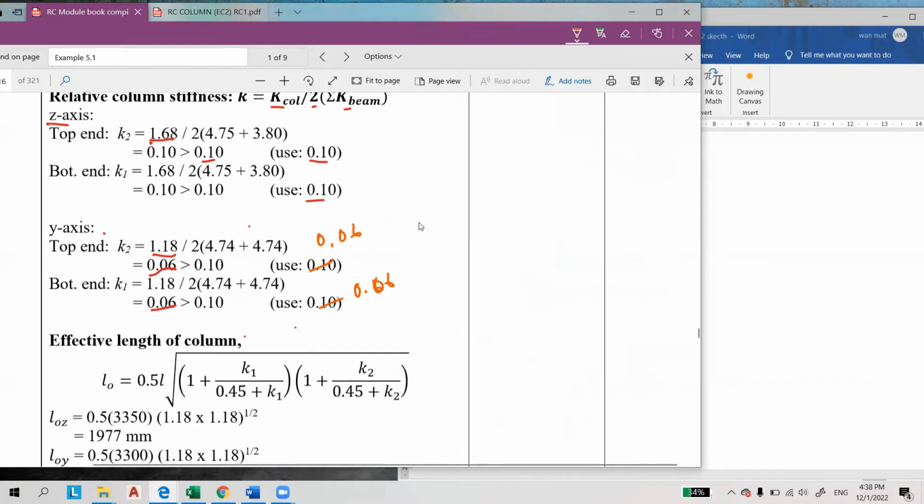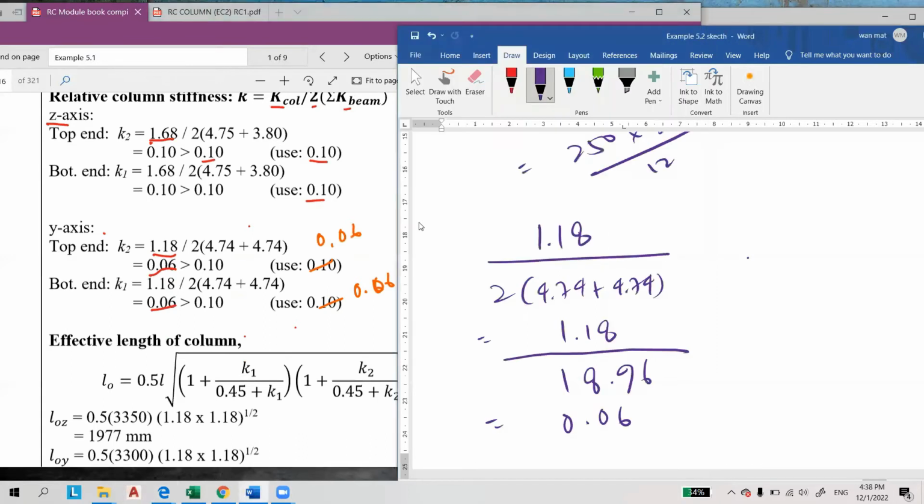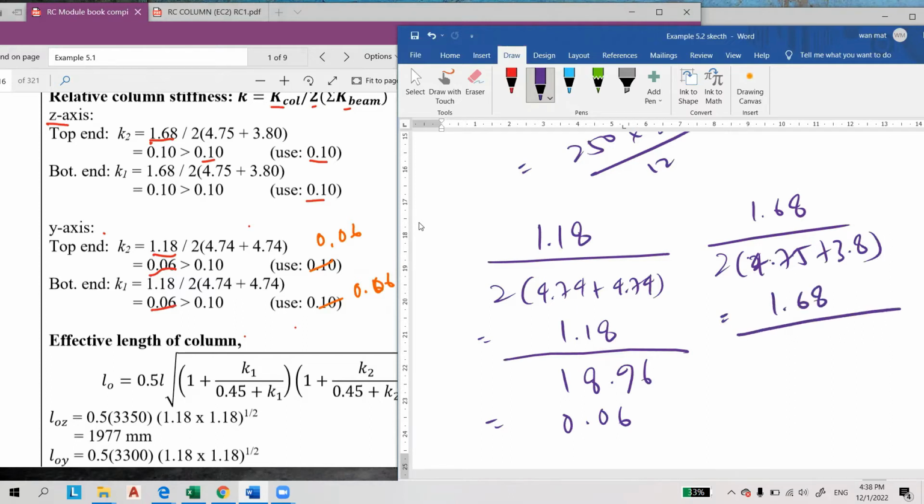Also here, can you check for me? I think this one also: 1.68 divided by 2 times 4.75 plus 3.8. So 1.68 divided by 4.75 plus 3.8 times 2, 17.1.